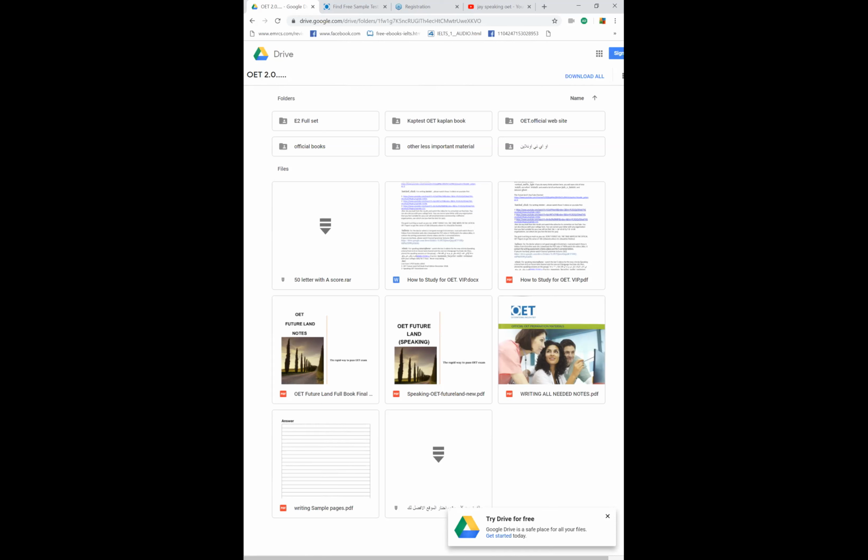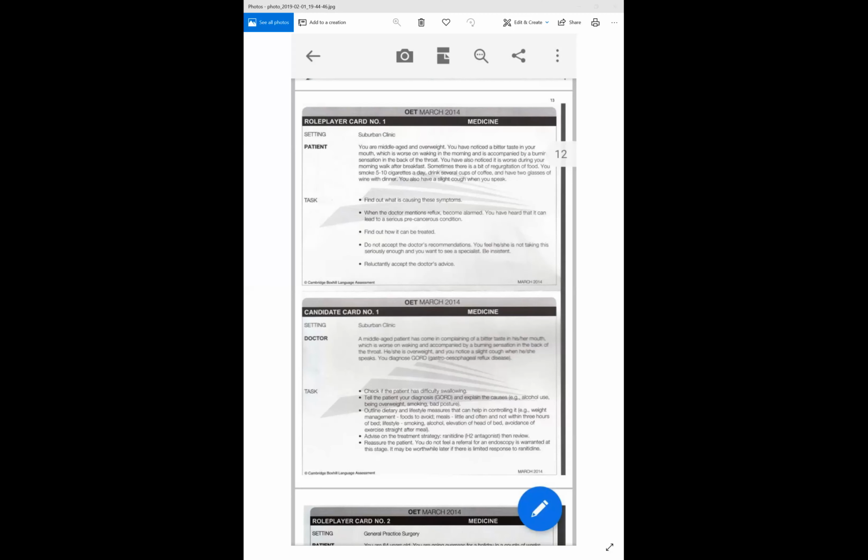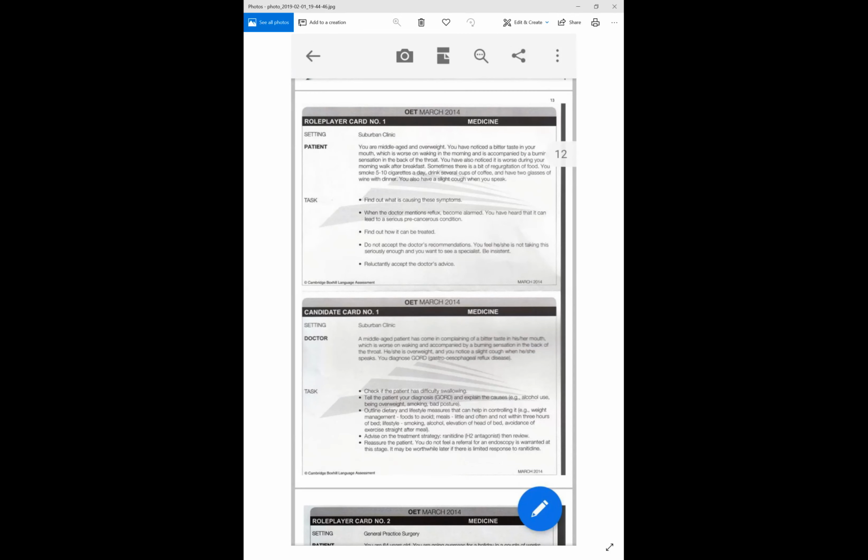How will speaking be done? I will show you some of the speaking orientation. Okay. There will be two cards of these.